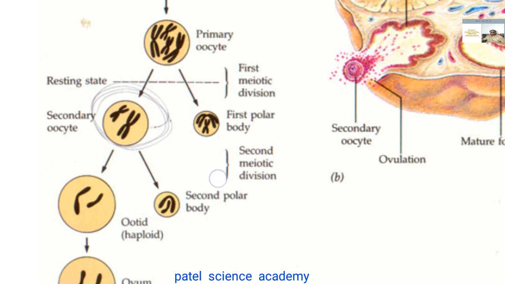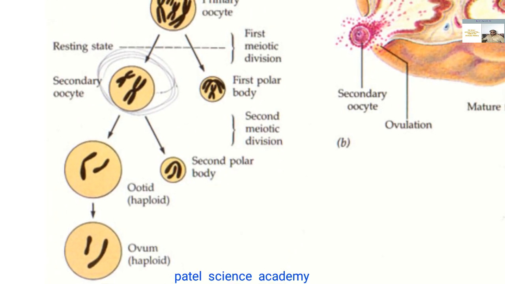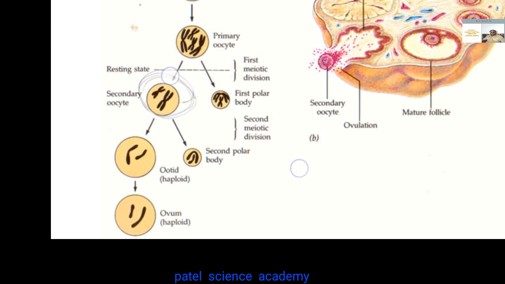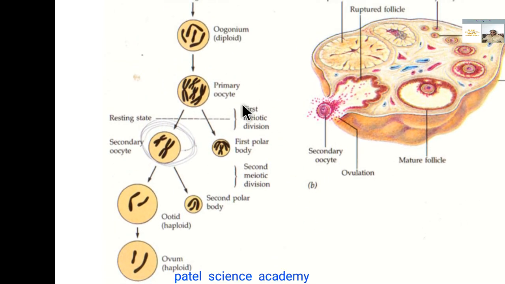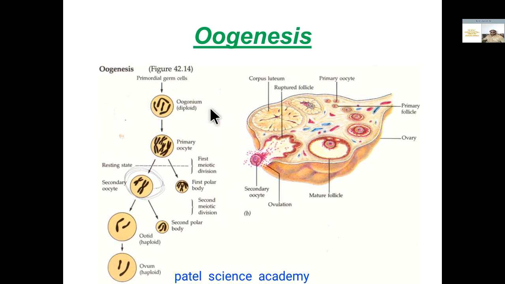So this oocyte then converts into an ovum, which is also called the egg, which is the female gamete, which is haploid. So by this process, the diploid cell called oogonium converts into the haploid ovum by two meiotic cell divisions. By the first meiotic cell division, it converts into the first polar body and the secondary oocyte, and by the second meiotic division, it converts finally into the ovum, which is haploid, having half the number of chromosomes.